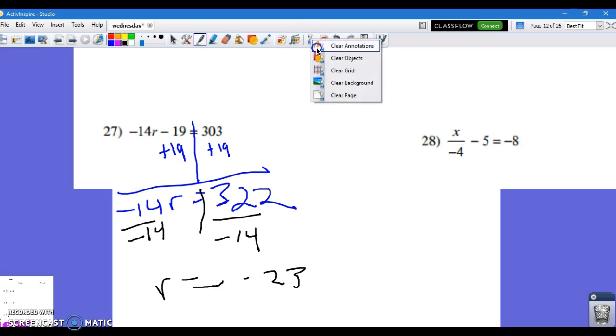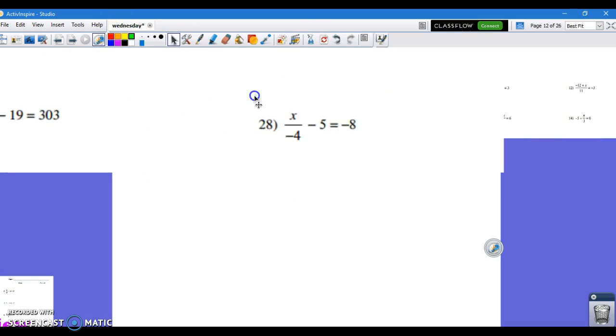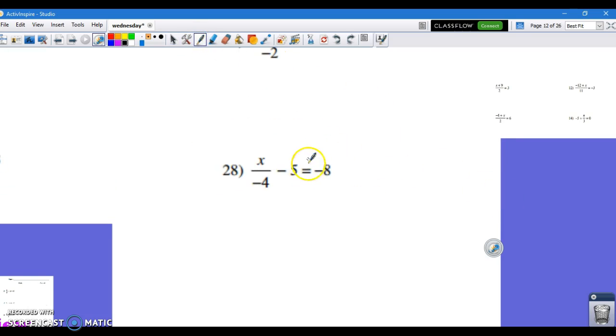All right, last one for this front page part of the homework. No junk in the trunk, so I'm going to add or subtract first, which means I'm going to add 5 to both sides. Bring down the x minus 4. That canceled out.